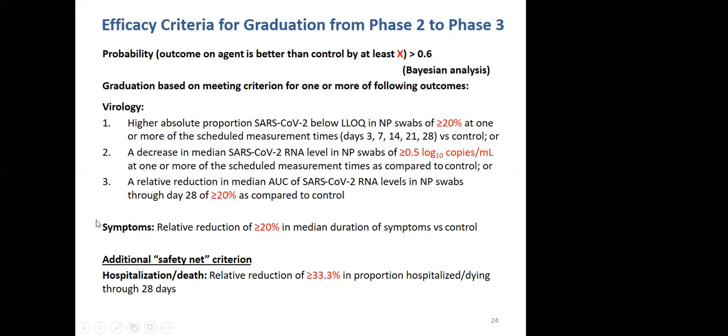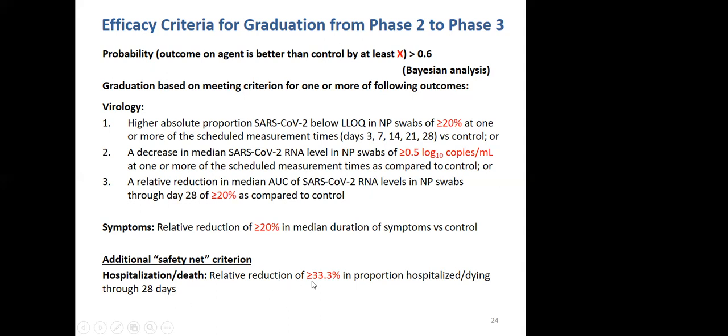And then we also looked at symptoms, in terms of duration of symptoms. Again, we had no idea how long the symptoms might last in participants. So these are the core of what we had, but we also had a safety net.